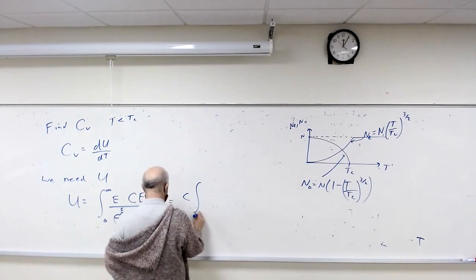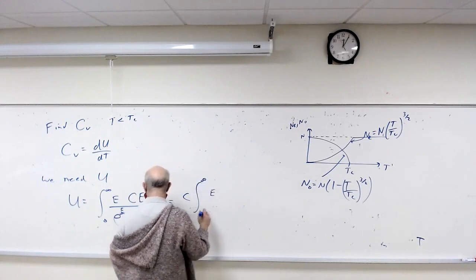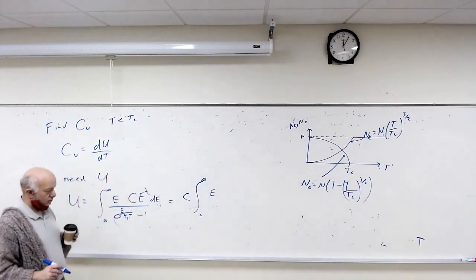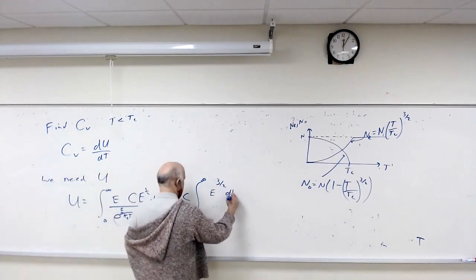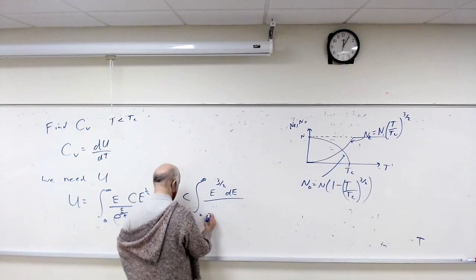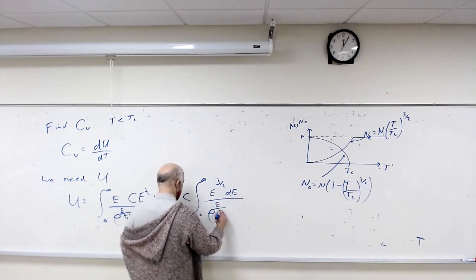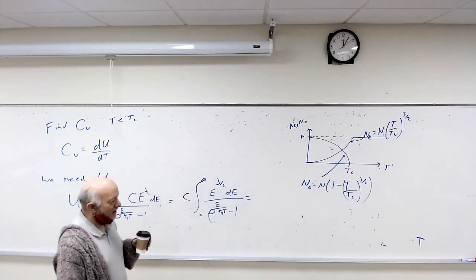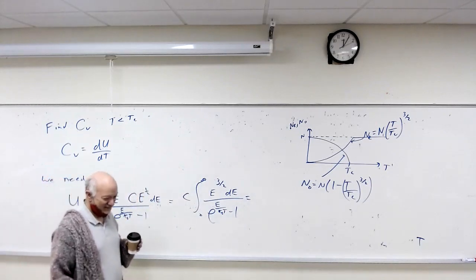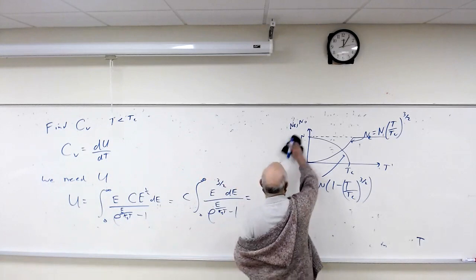C integral 0 to infinity E to the 3/2 power dE over e to the E over k_BT minus 1. Hey, how are you going to solve that? Same trick again.